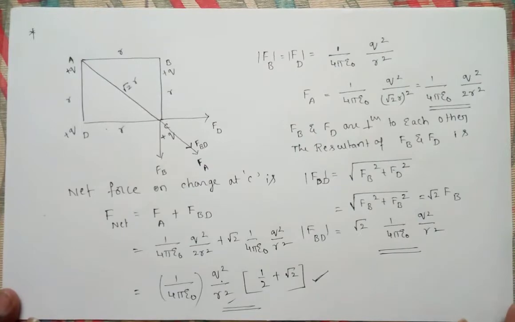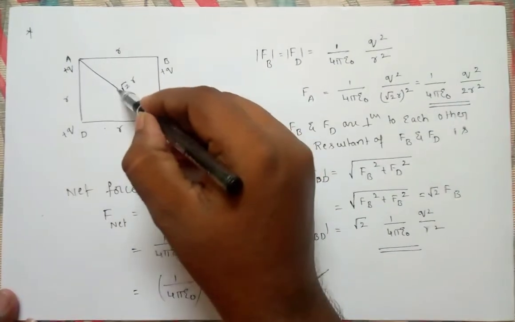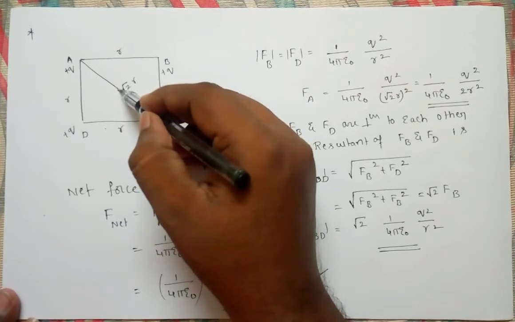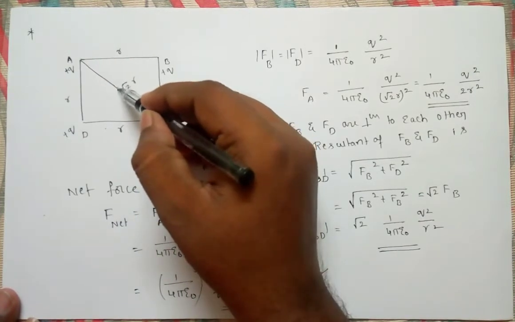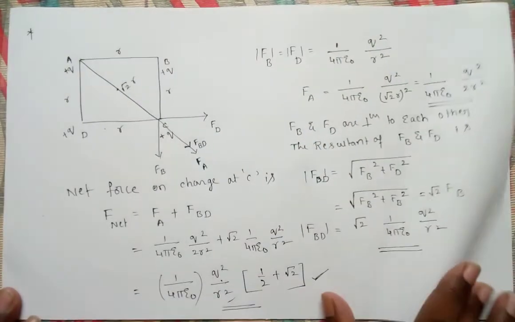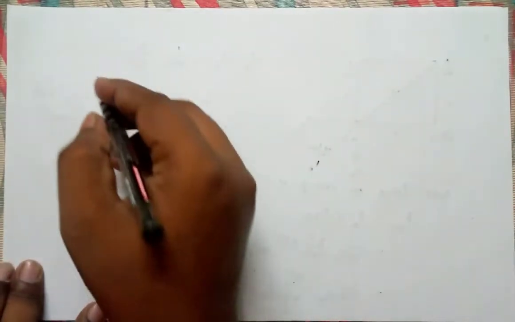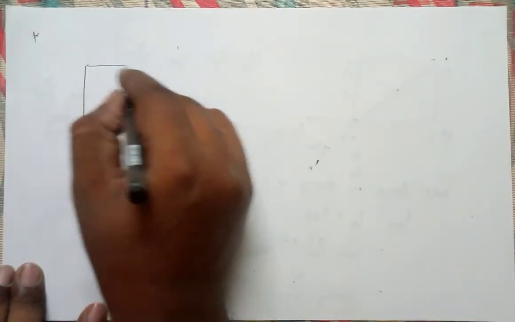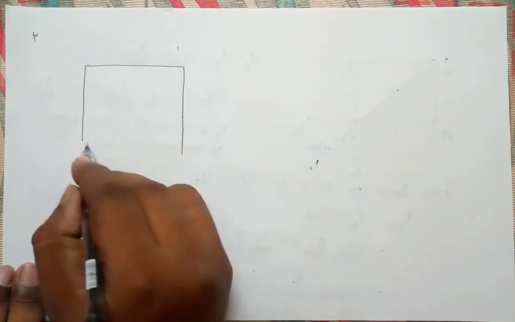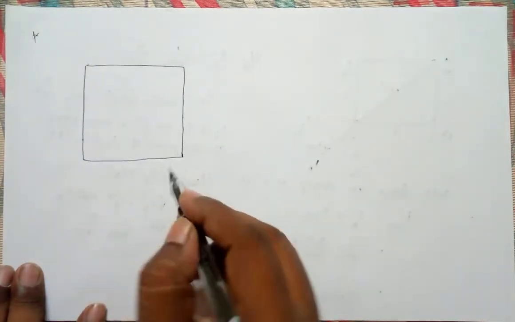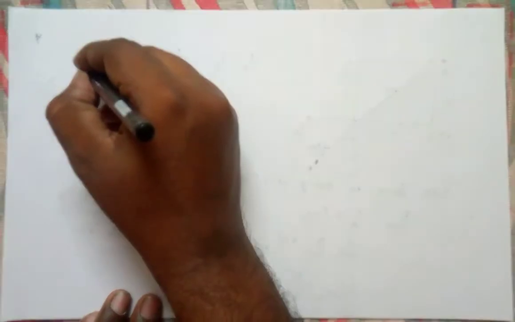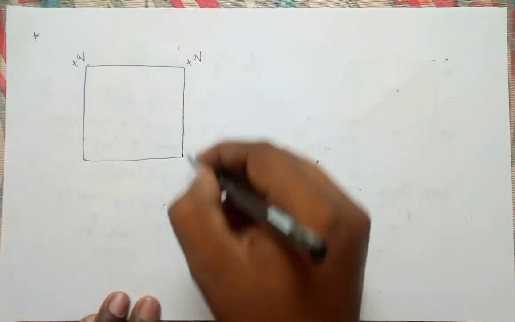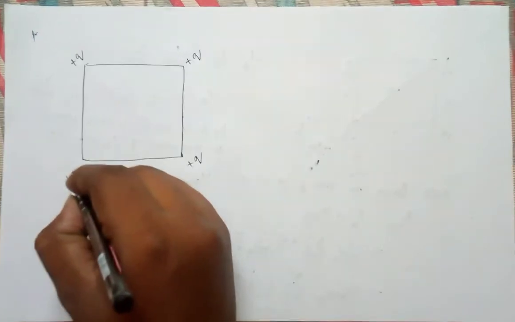Next, we can go for the case where one charge is located at the center. What will happen to the charge located at the center? Let us discuss. Concentrate here: take the square with plus q, all the charges being the same at each corner.